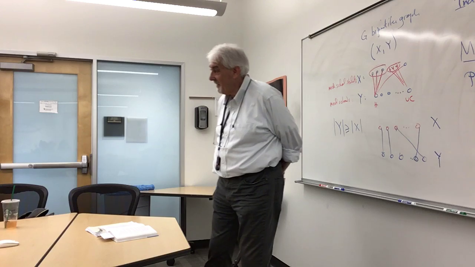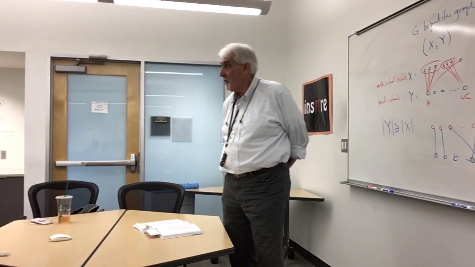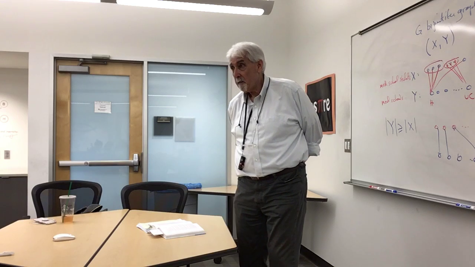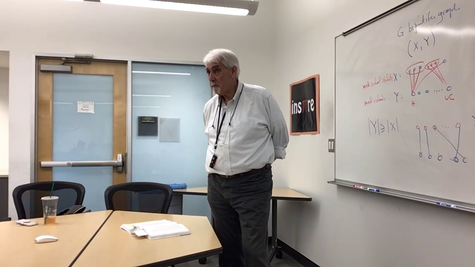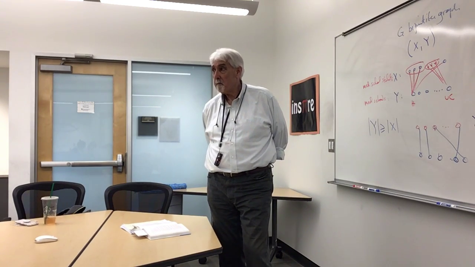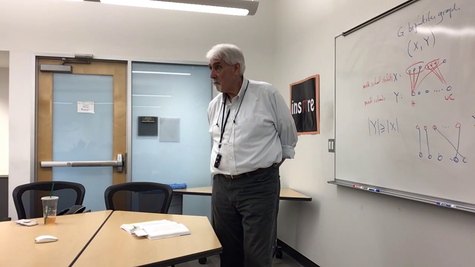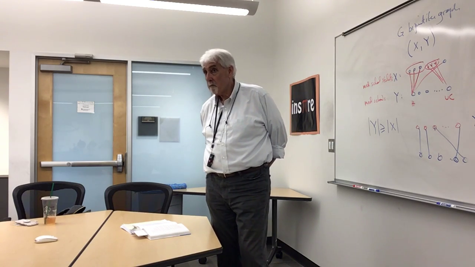This edge and this edge could not be in the matching because you would be missing this vertex. So all I've done is isolate this section of the graph, and there's no way to do a matching for this.